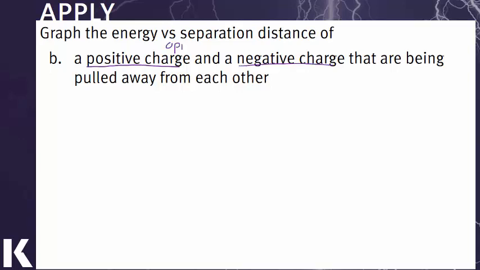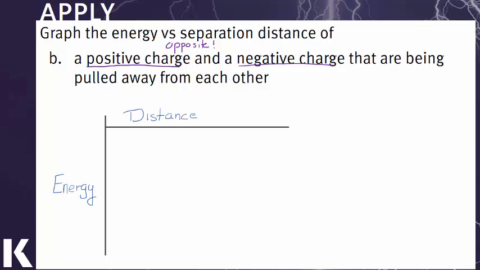But let's look at what would happen if we had a positive charge and a negative charge. Now here we have opposite charges. So let's consider our graph. Here we're dealing with energy versus distance. And when we have two opposite charges that are starting close together, they're not going to have very much energy. Opposite charges like being close together.